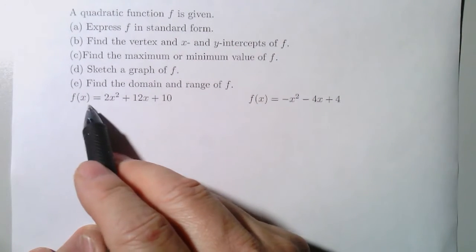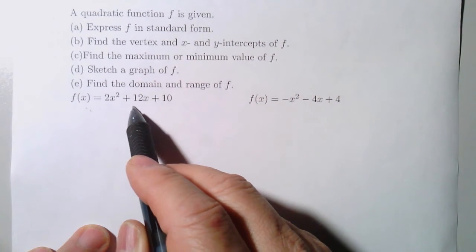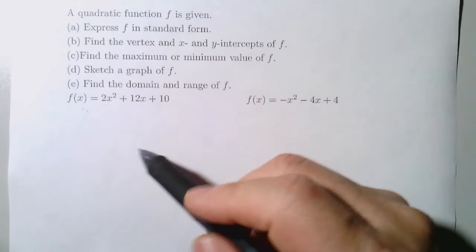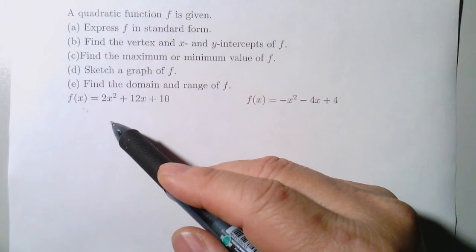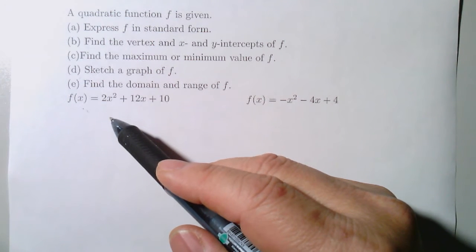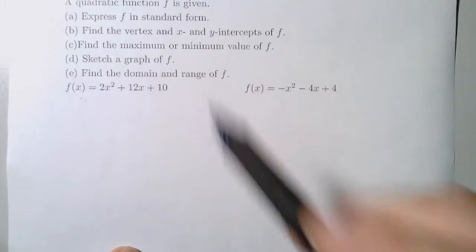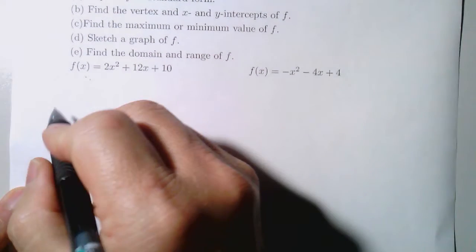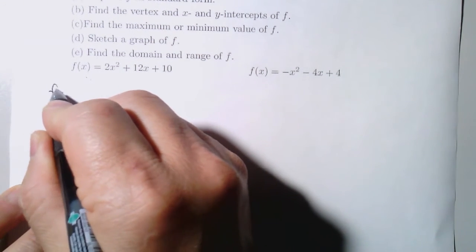First example, f(x) equals 2x squared plus 12x plus 10. And remember, in order to get the standard form, we have to complete the square. So let's take a look at how we complete the square. We rewrite the function.